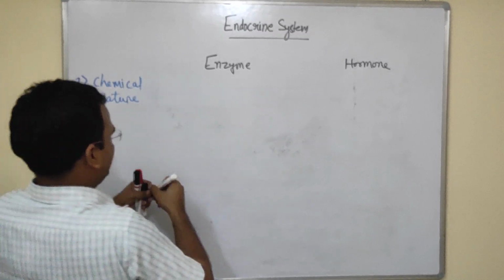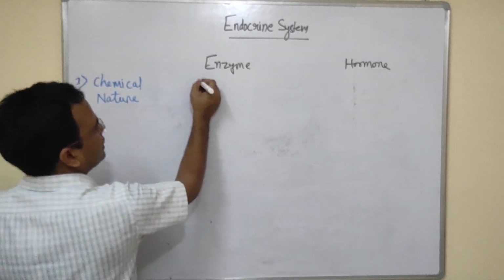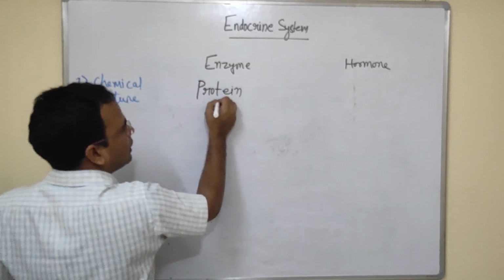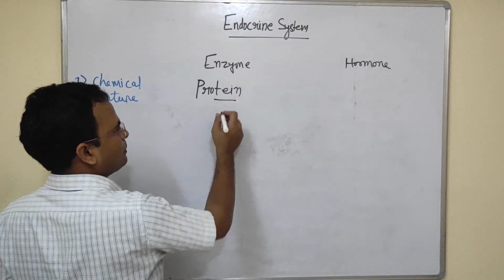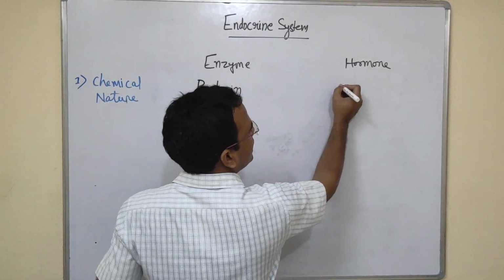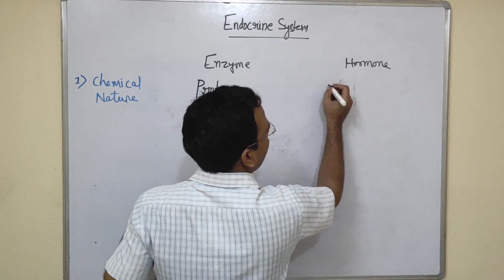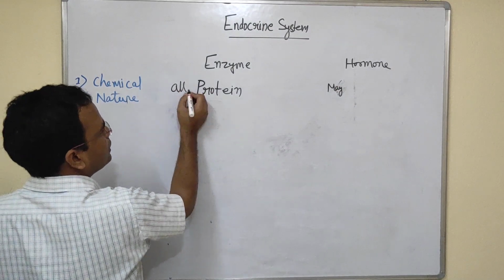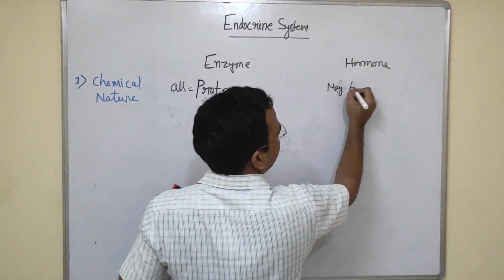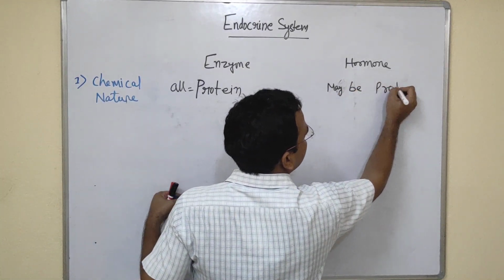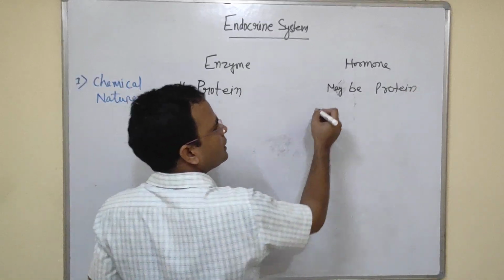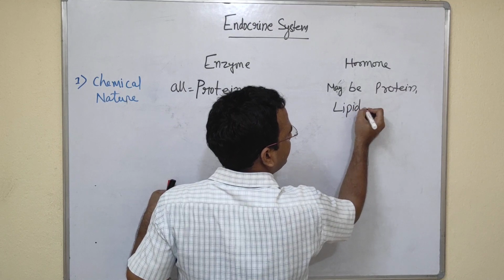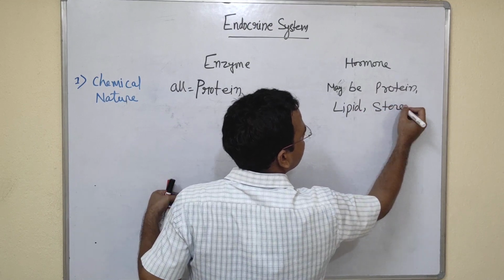All enzymes are protein in nature. All enzymes are made up of protein, they are all proteinaceous. But hormones may be protein, may be proteinaceous, may be carbohydrate type like glucose, lipid type, or steroid.